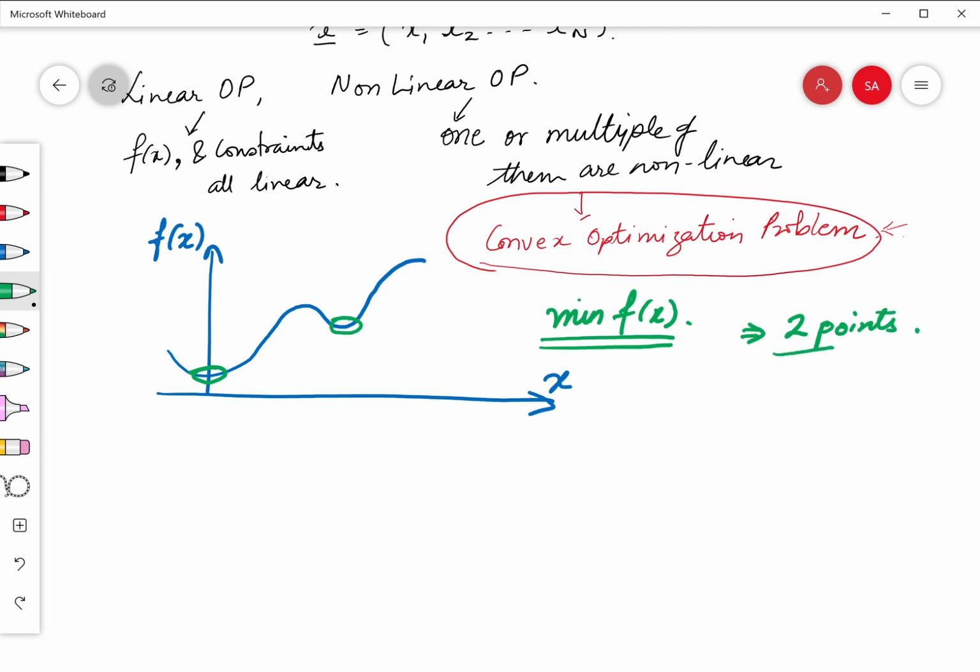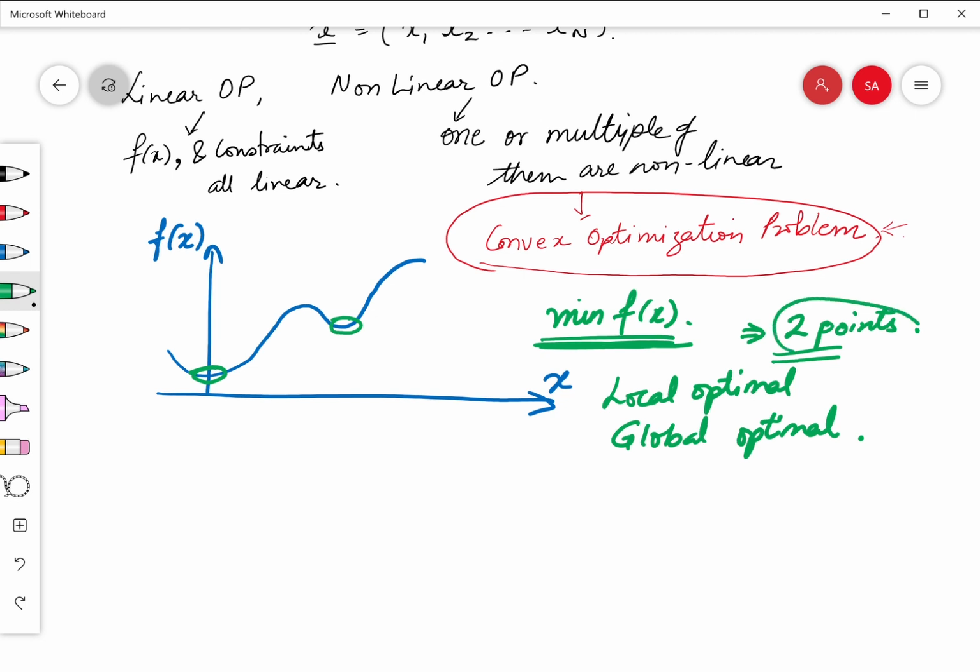Now it is difficult for you to understand which one of these is a global optimal point. I also talked about local optimal and global optimal. I just showed you a sample example where there are two minima here, but you can get multiple local points.